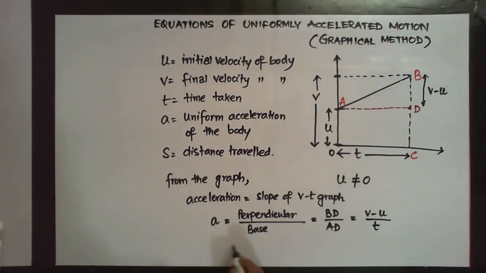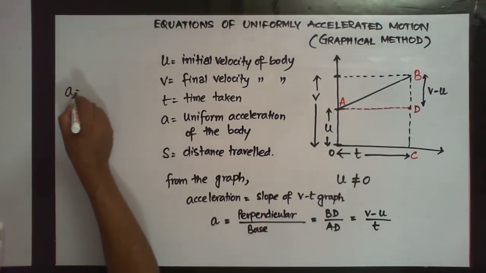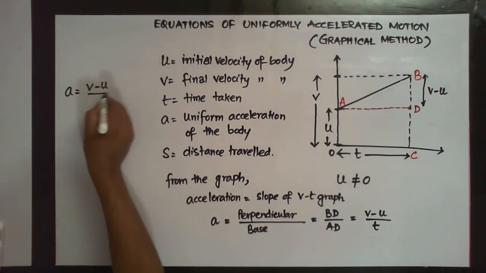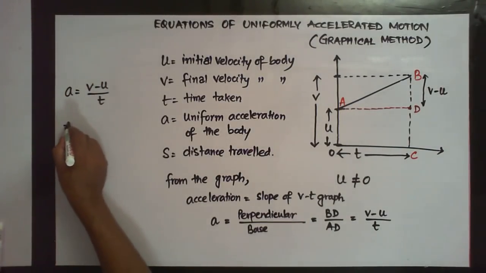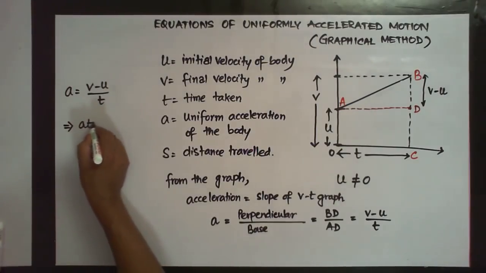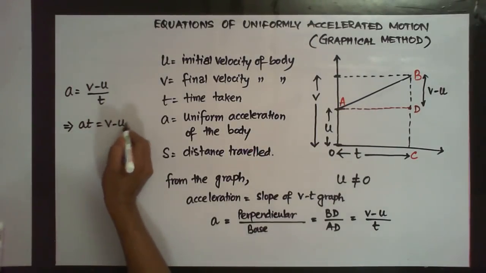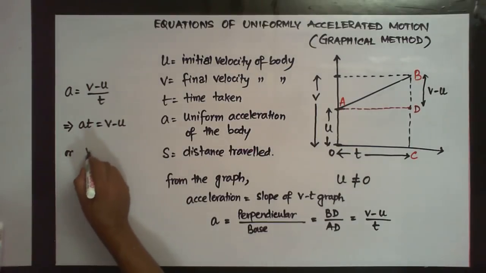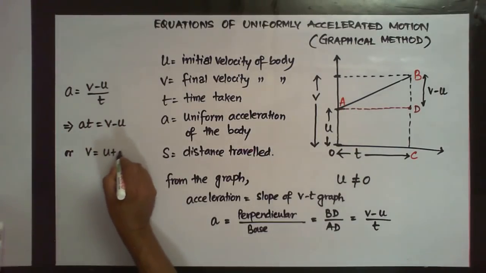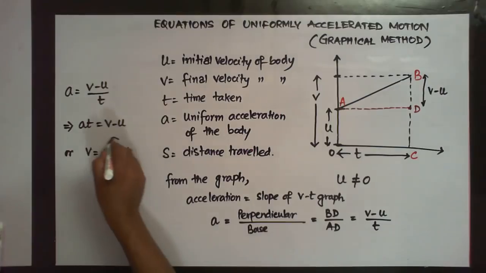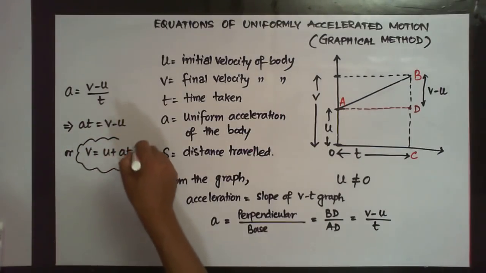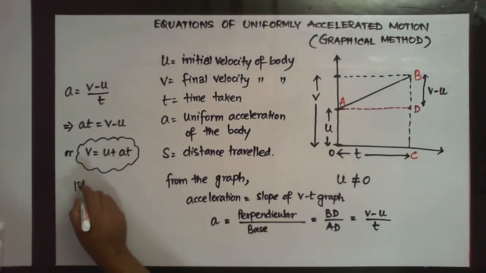So we get A is equal to v minus u by t. If you cross multiply it, you get AT is equal to v minus u, or we get v is equal to u plus AT. Now this is called the first equation of motion.